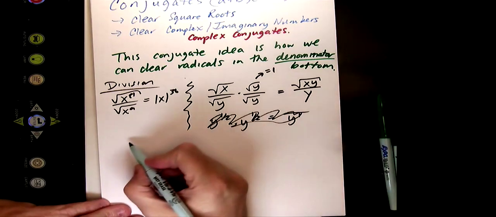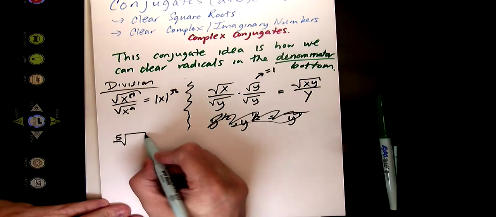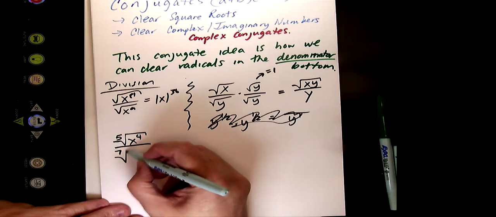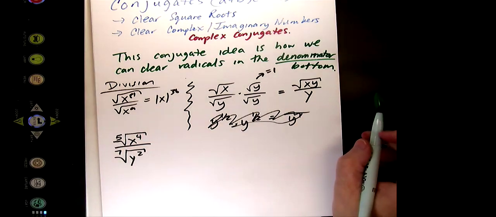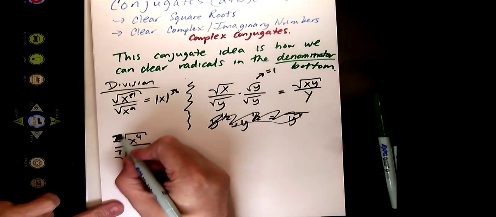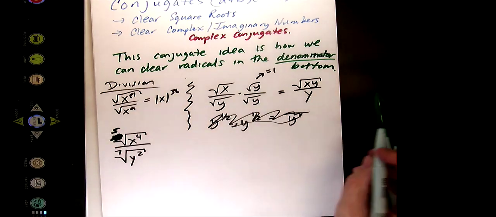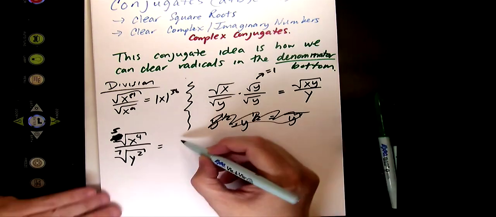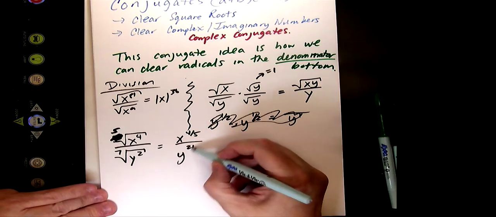If we change it up, make it ugly. Maybe let's do 7 on both indexes. No, let's just keep them separate. This is worth pointing out as well. This is x to the 4/5 over y to the 2/7.